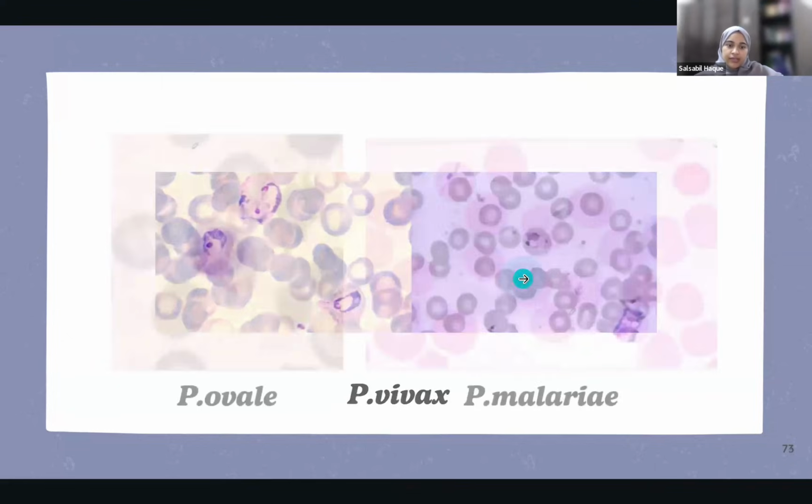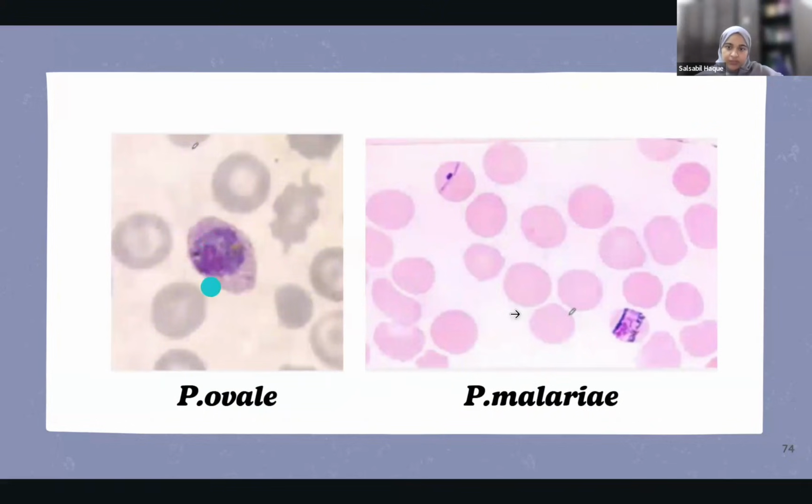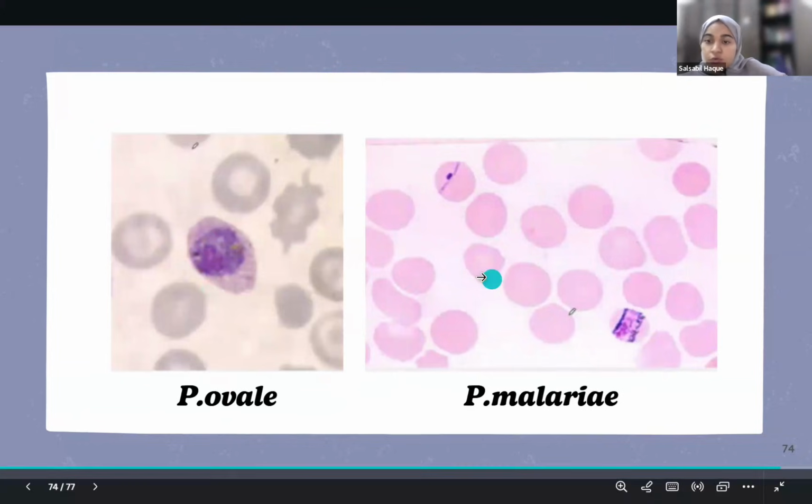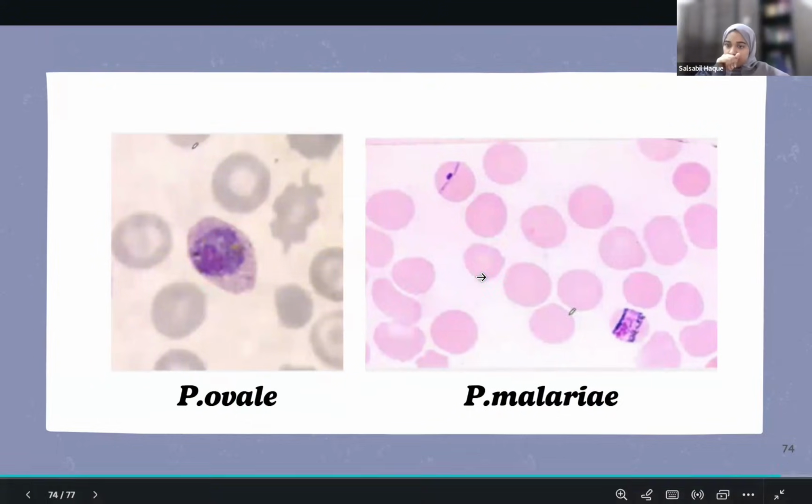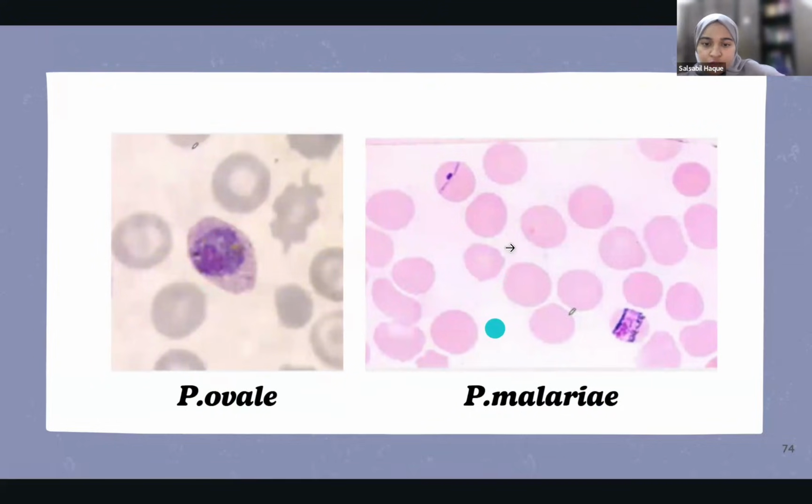Okay, and this is Plasmodium ovale, and this is Plasmodium malariae. Plasmodium ovale and vivax cause tertian fever, so every 3 days. Plasmodium malariae causes quartan fever, so every 4 days. That's something that's important to know.